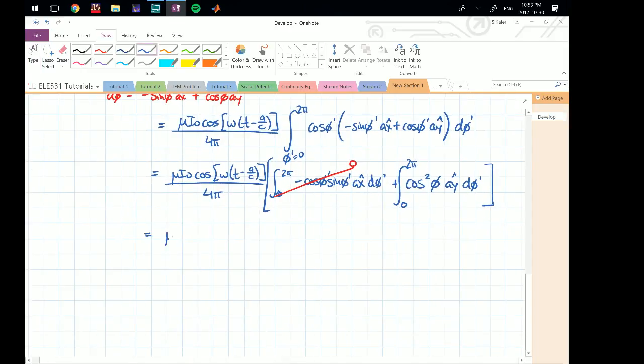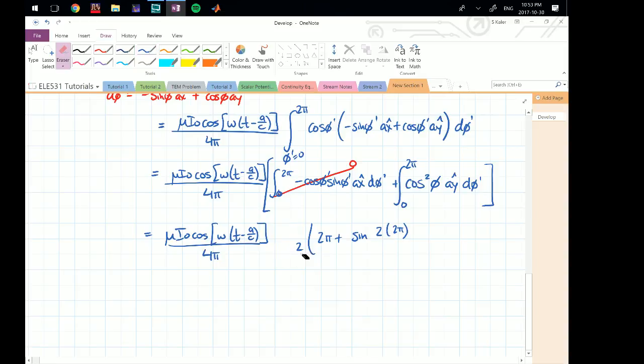So let's write mu naught I naught cos(omega t minus a over c) over 4 pi, and that thing on the inside turns into 1/2 2 pi plus sine 2 times 2 pi.